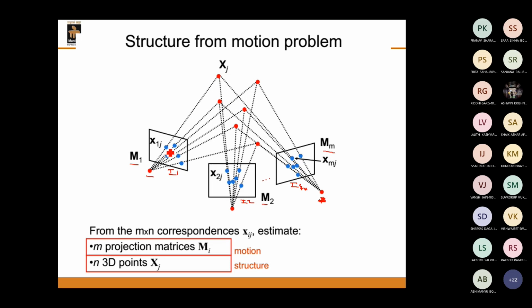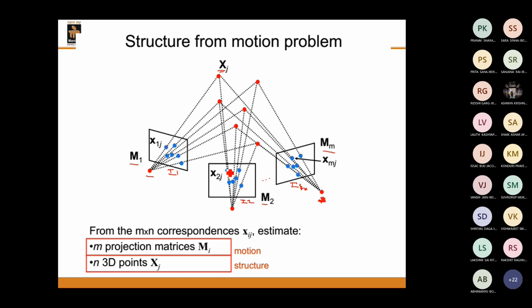For example, let's say you have the point x1j, where j is equal to 1. Let's say x11 is this particular point which is present in image 1, the first point in image 1, which is basically the image of this point over here, given by, let's say, capital X1.